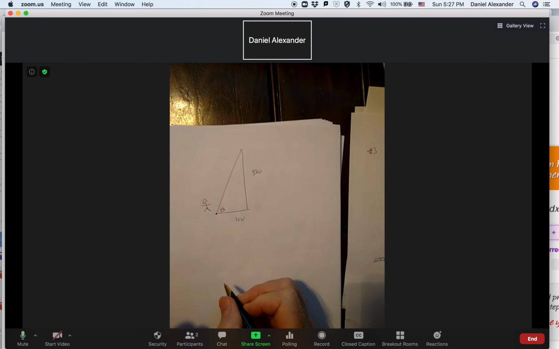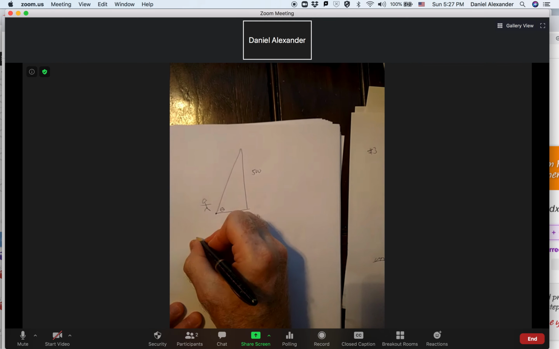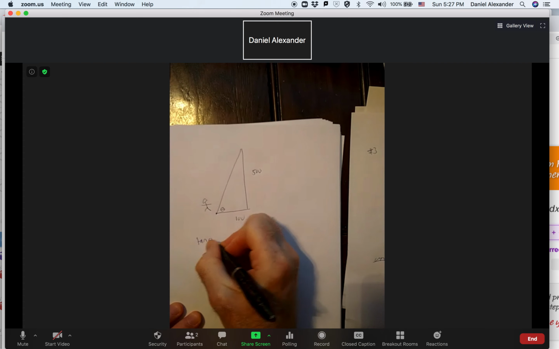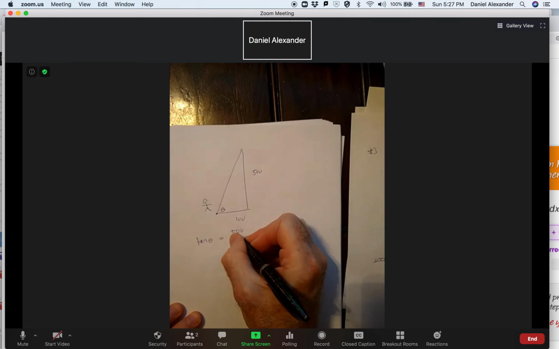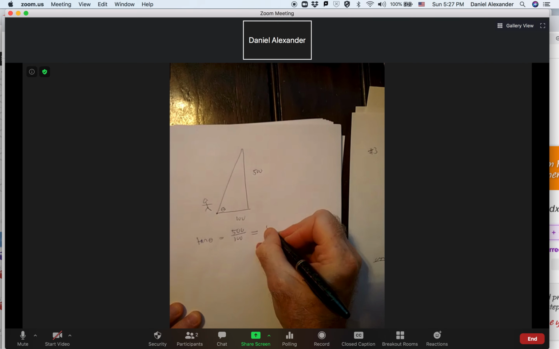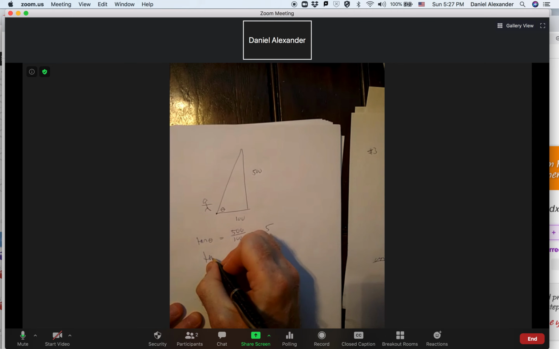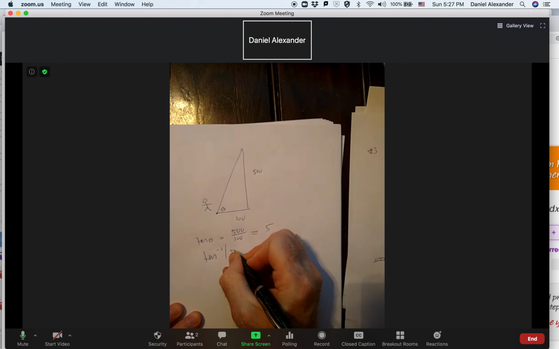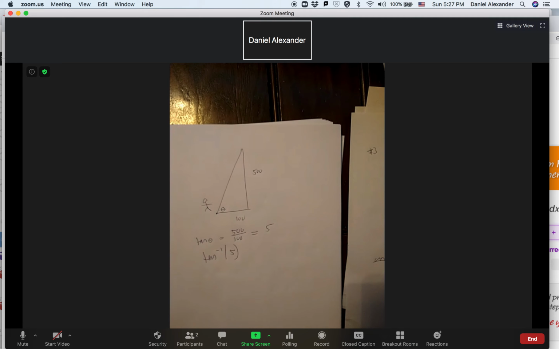So this is the same kind of problem. We know that the tangent theta is equal to 500 over 100, which is 5. So we want to find the tangent inverse of 5. So I'll go back, share the screen again so we can do that.